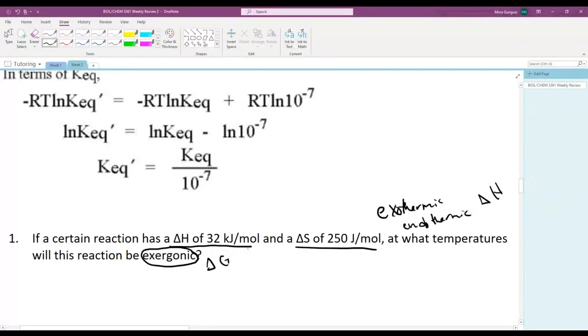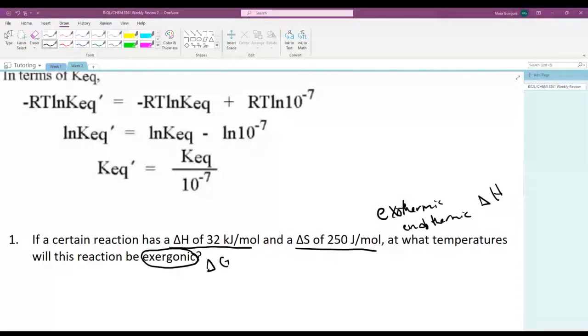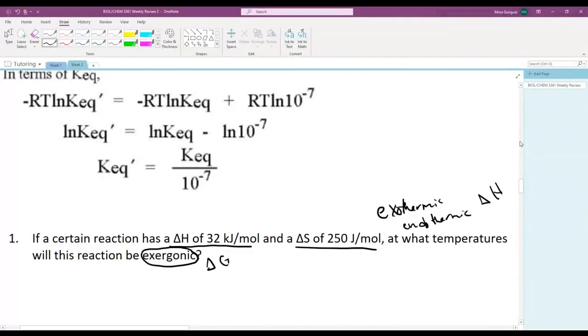If a reaction is exergonic, does that mean that its delta G is positive or negative? What do you guys think? Negative? Yeah, you're exactly right. Negative.